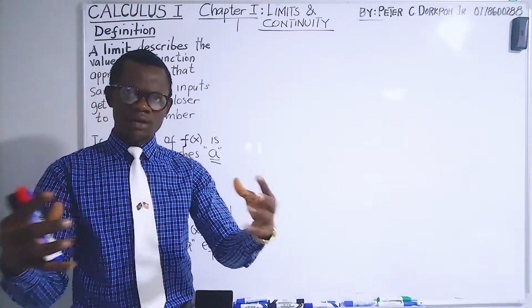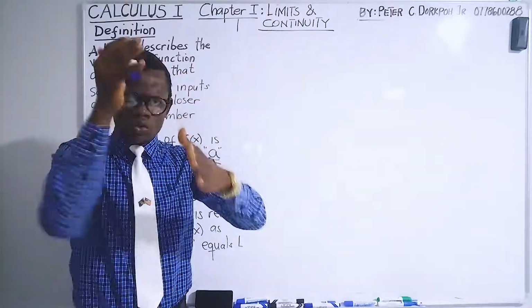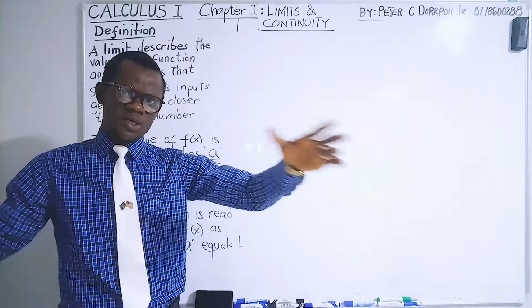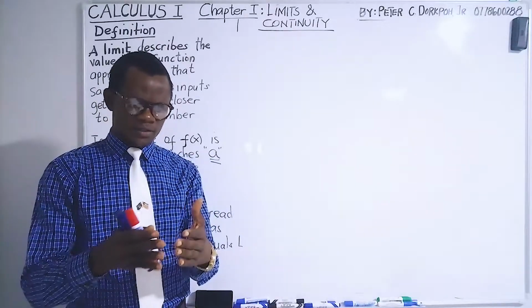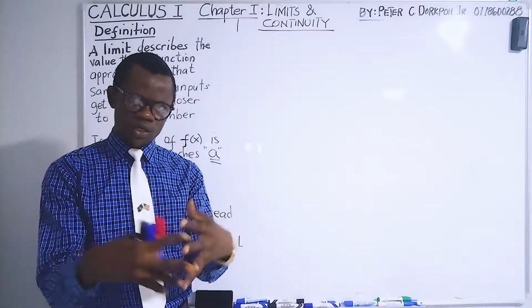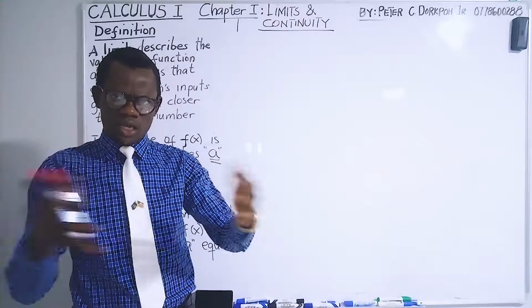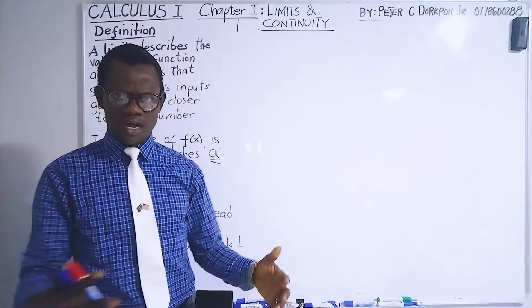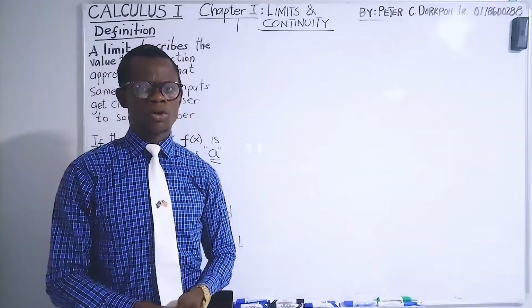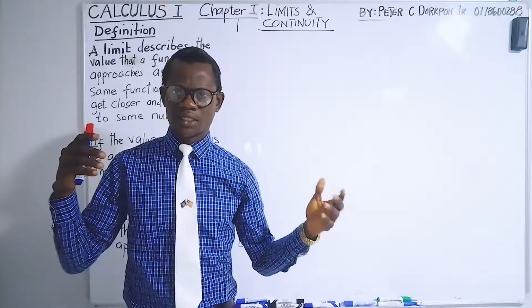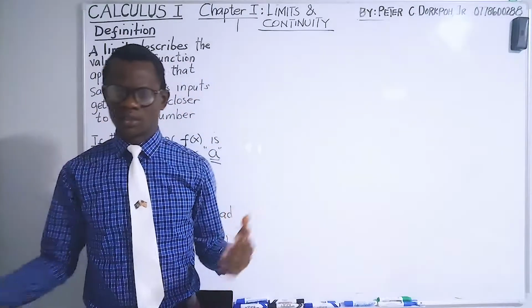So in differential calculus, you cut something into smaller pieces and observe their changes, and in integral calculus, you join those smaller pieces and observe how much you have. That's the difference between differential calculus and integral calculus.